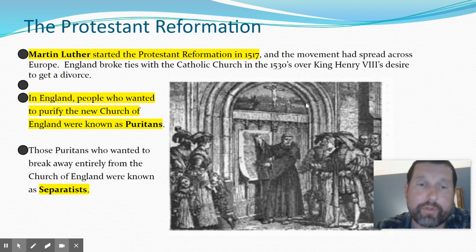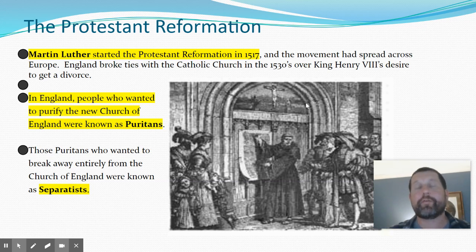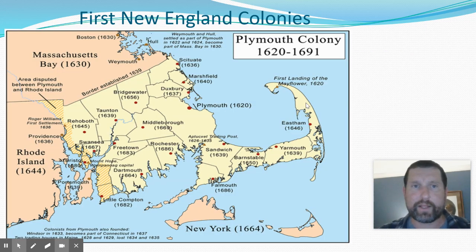And I think you've seen both of those terms. They want to break away from the Church of England entirely and form their own kind of pure, very rigid, religiously based culture. It is going to be those separatist Puritans that become the largest demographic to populate New England.